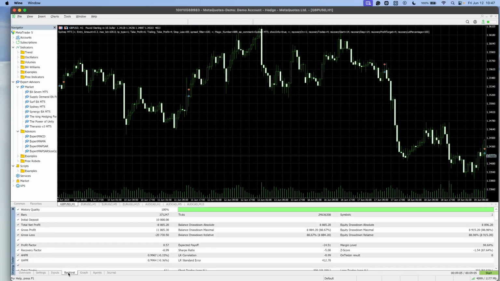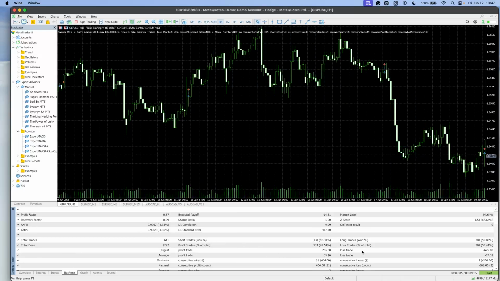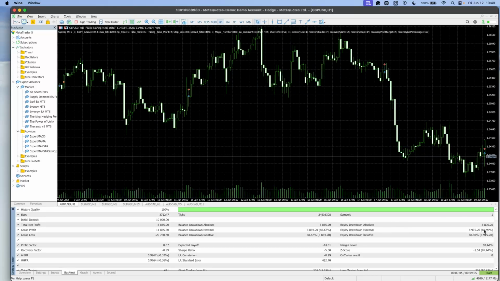It lost about $8,800, and the profit factor is 0.57, which is very poor, and it has roughly 50% win rate across 611 trades in that span in the year, and the max drawdown hit nearly 89% for both balance and equity.